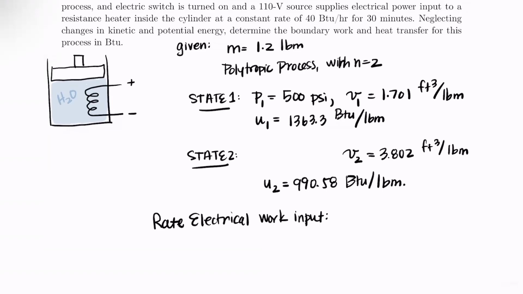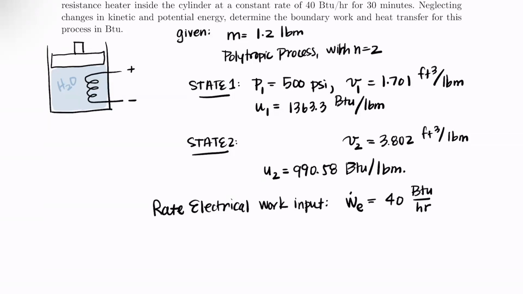So we have rate of electrical work input, W dot E, is 40 BTU per hour. And this is supplied over a time of 30 minutes or 0.5 hours.